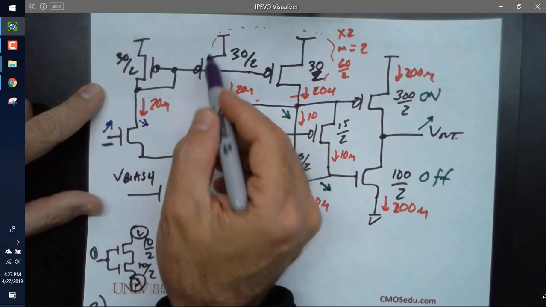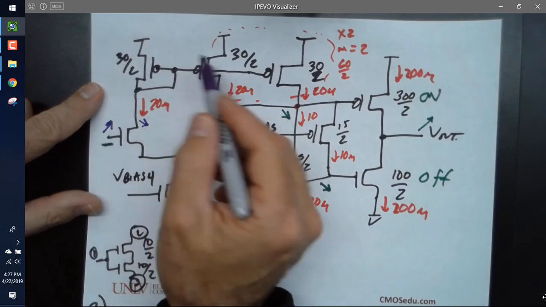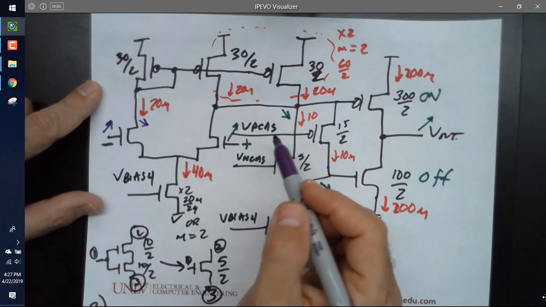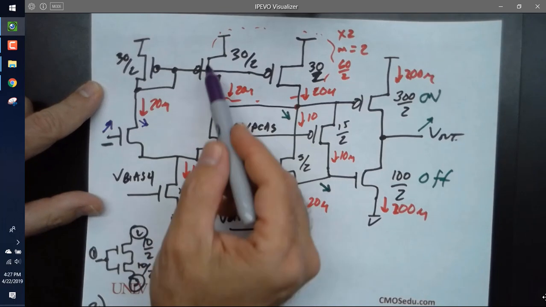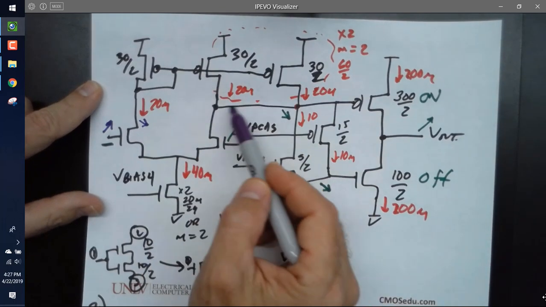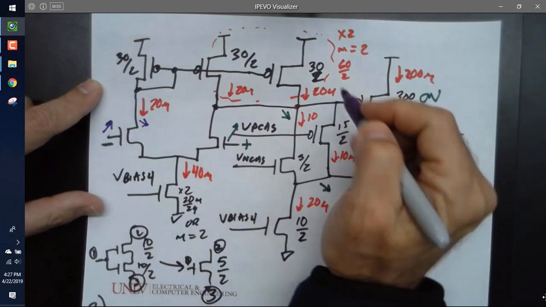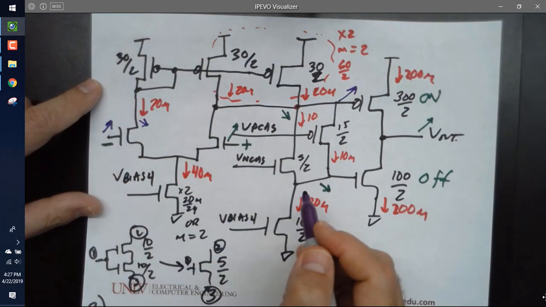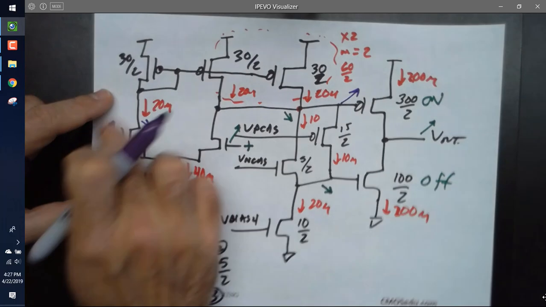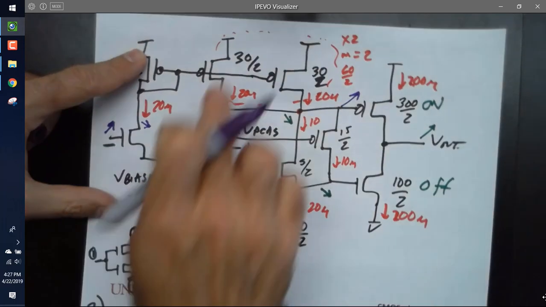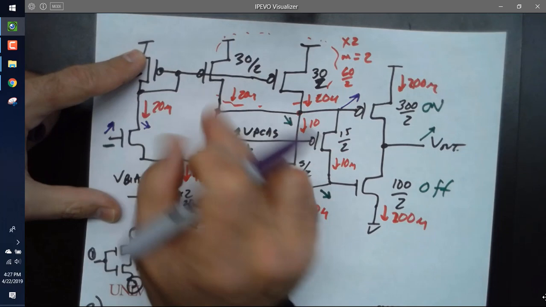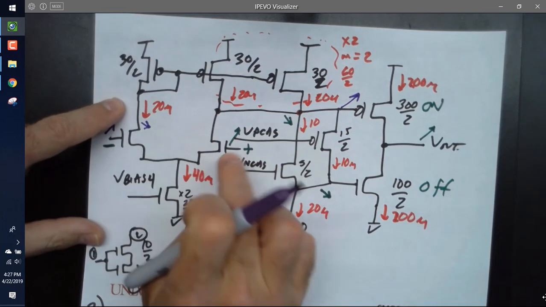What does it do to this side? It's a current mirror. It goes up. If the current in this side goes up, what happens to this node? Goes up. Anybody not follow that? Turn this transistor on, I pull more current through this side, I pull more current through here. But this one, when I pull this up, this one shuts off.